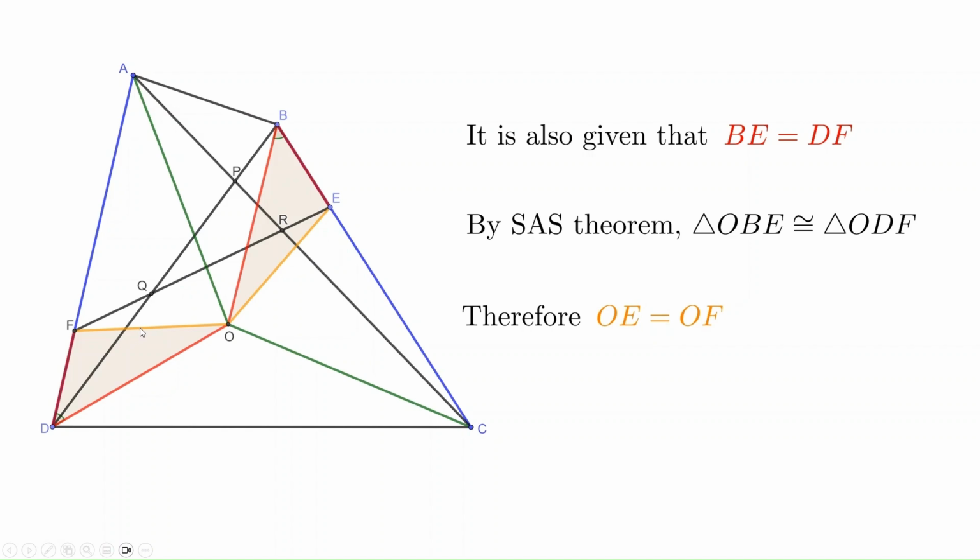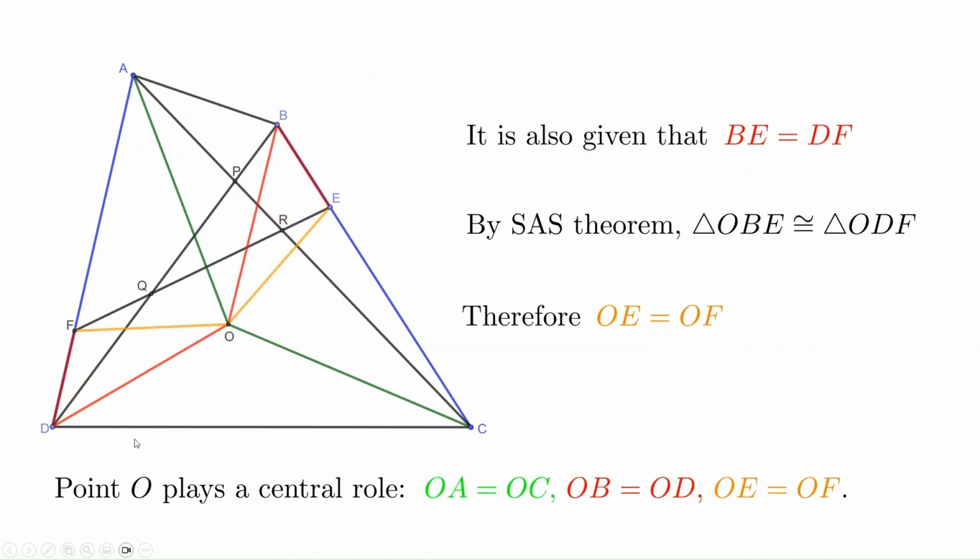They have a brown color. Now look, the point O really plays a central role here. OA equals OC, OB equals OD, OE equals OF.